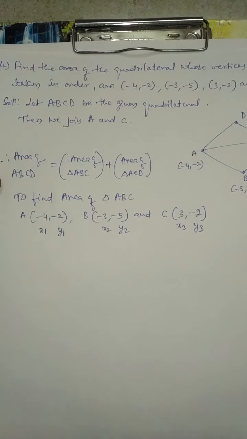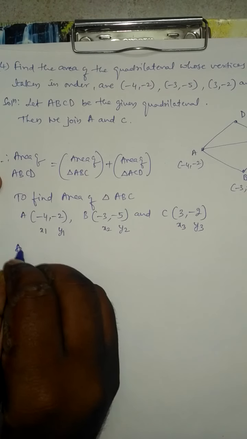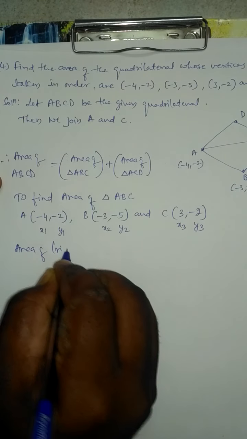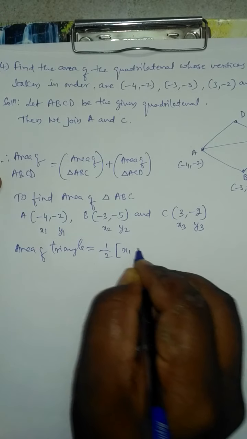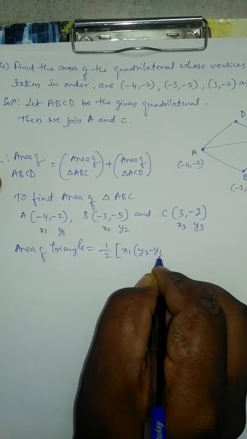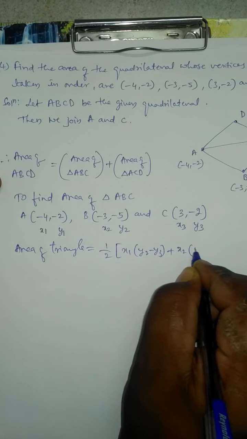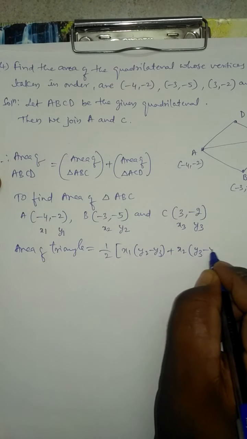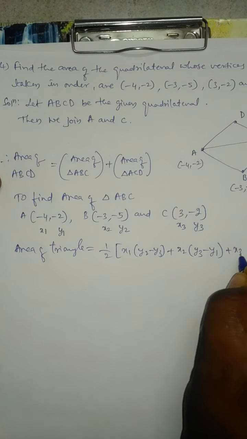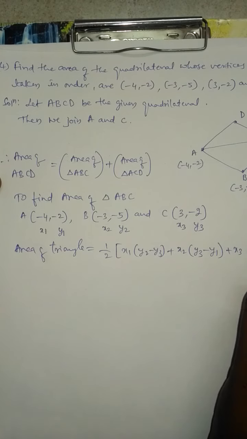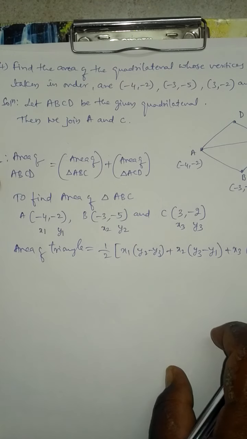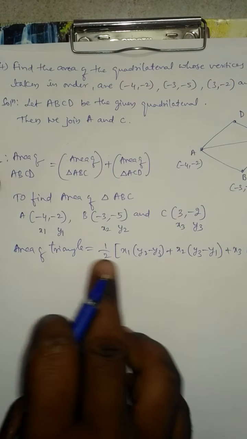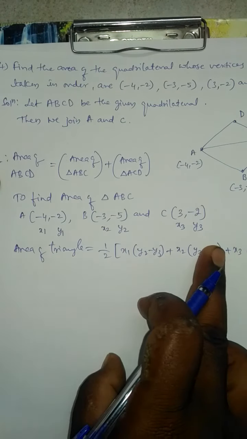After getting three coordinates, with the help of the area of triangle formula, what it says: half into x1 into (y2 minus y3) plus x2 into (y3 minus y1) plus x3 into (y1 minus y2). So now in these variables substitute the values of x1 y1, x2 y2 and x3 y3.